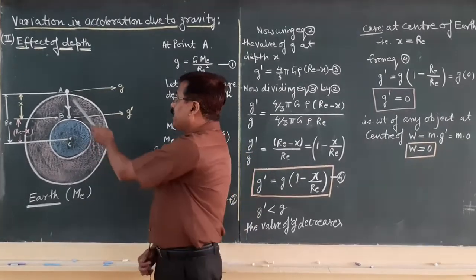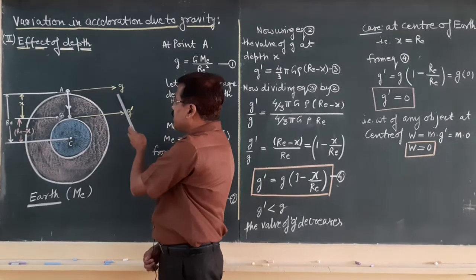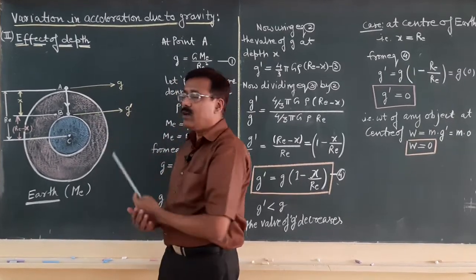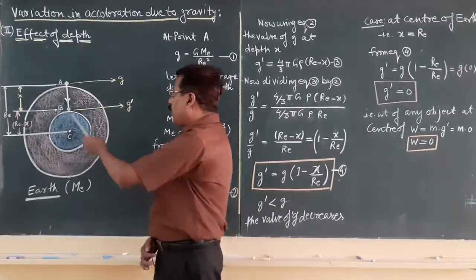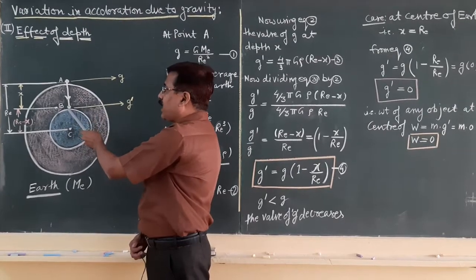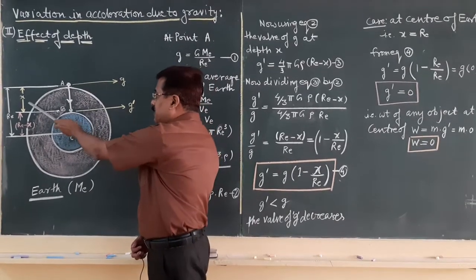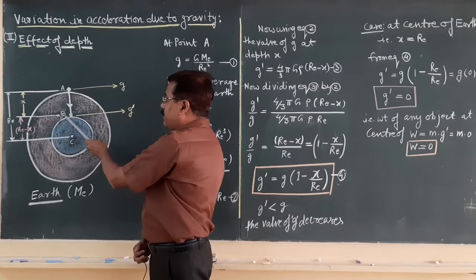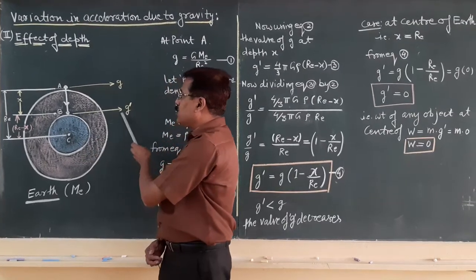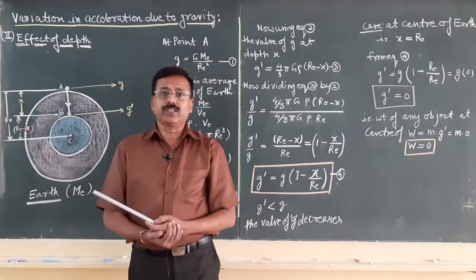When the object is at the earth's surface, let its acceleration due to gravity be small g. When the object moves downward towards the earth's center through distance x, that is at point B, let the acceleration due to gravity be g dash.